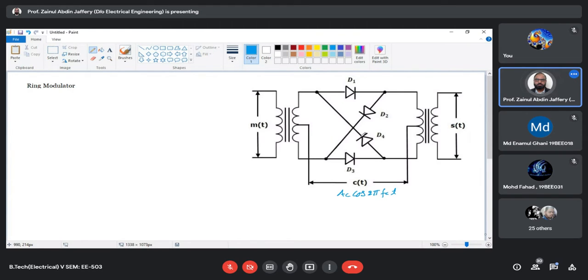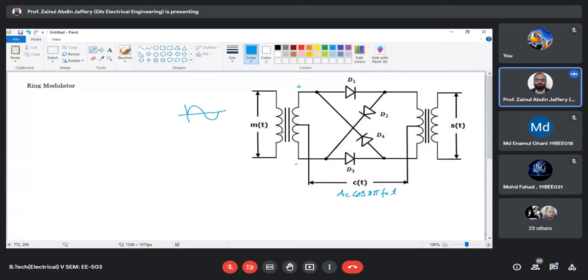So how it works, you see, let us say this is your plus and this is your minus sign, and for a sinusoidal signal, let us say this m(t) is like this, a sinusoidal wave, of course.